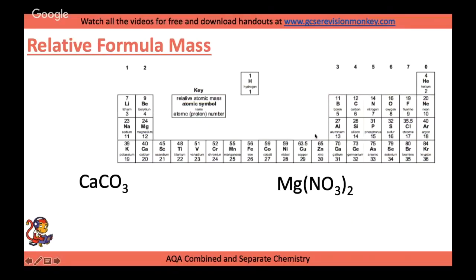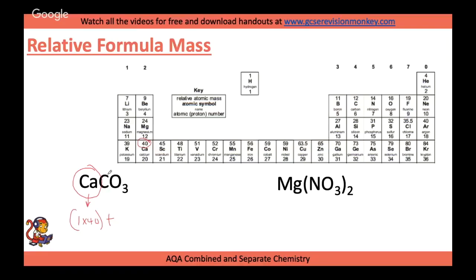Really common. They gave you a really tricky one in the exam last year, but this is the basics of it. You have to count how many atoms there are in each compound. So calcium here, there's 1 of them, and its mass is 40. So 1 times 40.